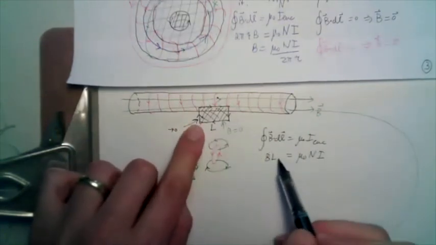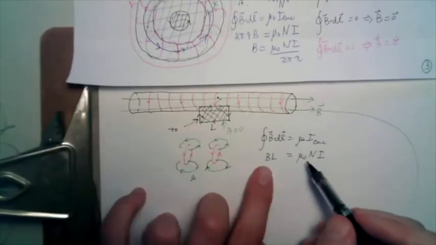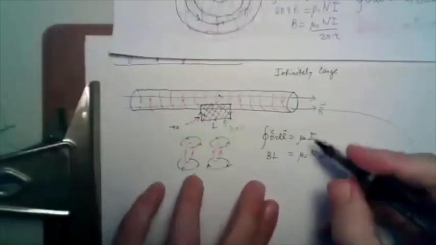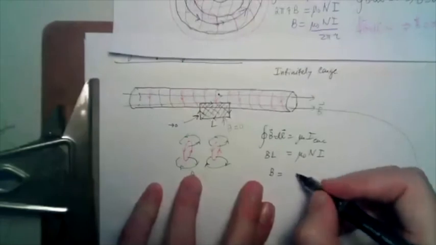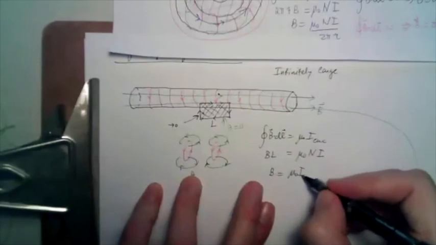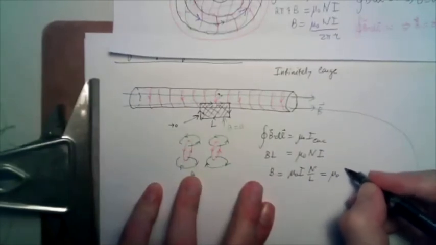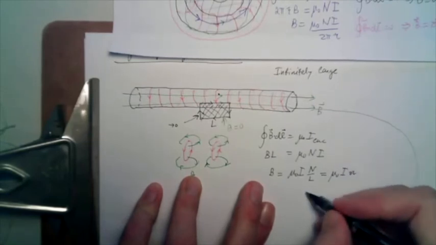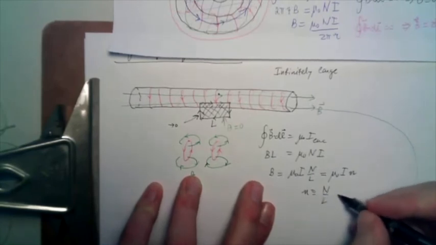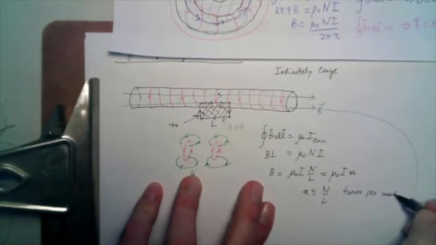So it makes sense to define a quantity n over L, where we say n over L is a number that is characteristic of the solenoid. So we get B is mu naught I n over L, and we're going to call that mu naught I little n, where little n is n over L by definition, so turns per meter.